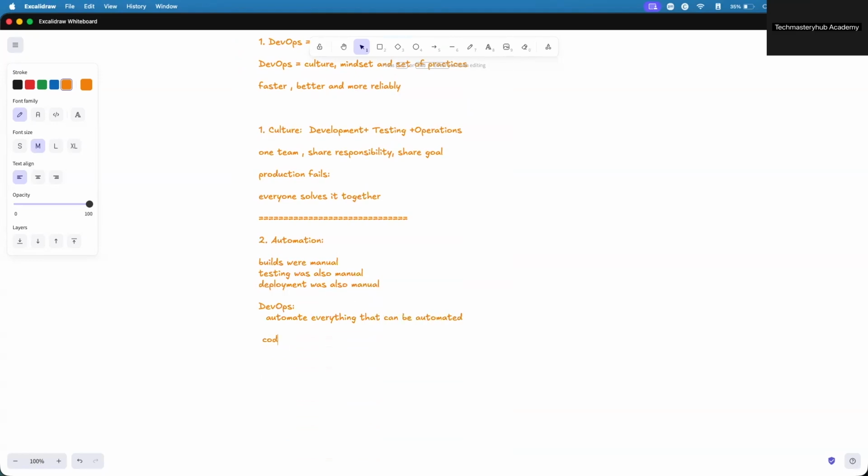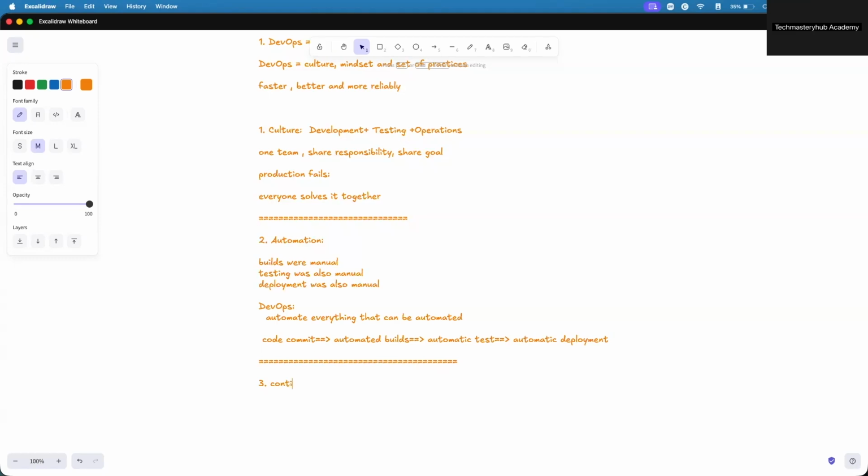For example, code commit, then automated builds, and then automatic tests, and then automatic deployment. So every possible step is automated in the DevOps culture. So this is the second difference.